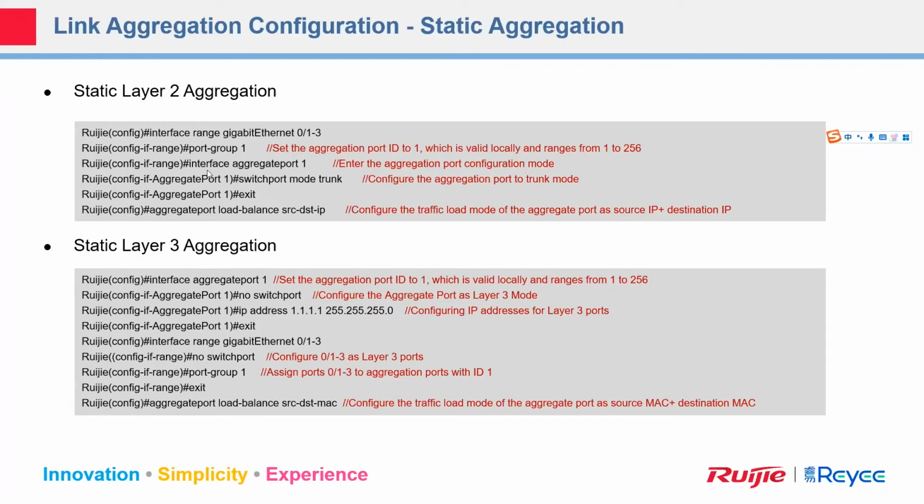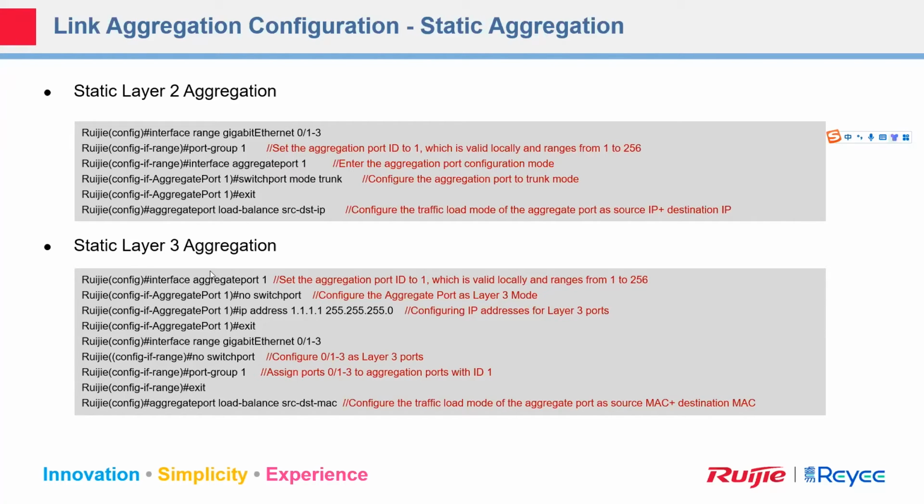And then we can enter aggregate port 1 to directly change the mode to trunk. That means the physical interfaces 1, 2, 3 will all use the VLAN trunk mode. And then we can decide the aggregation port load balance depending on the source and destination IP address. So this is the layer 2 configuration.